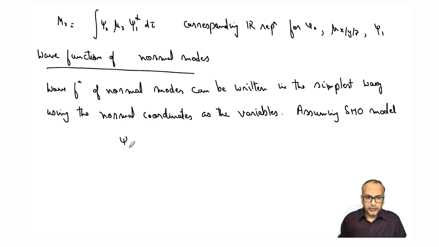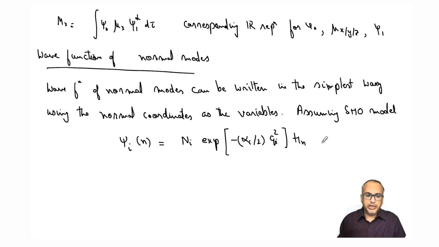We can write any general wave function psi_i_n as N_i exponential of minus alpha_i by 2 Q_i squared H_n.